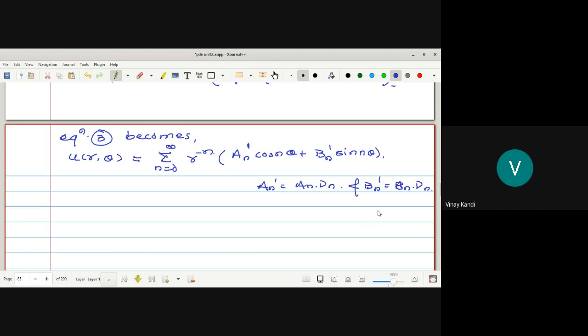Now run this sum. Put n equal to 0 here.